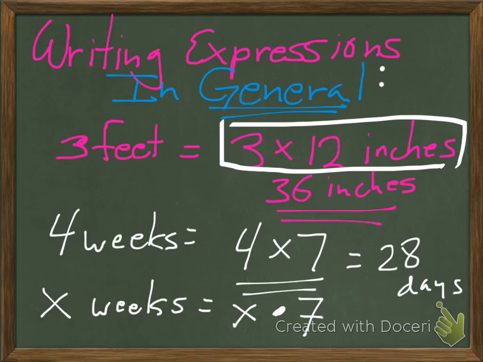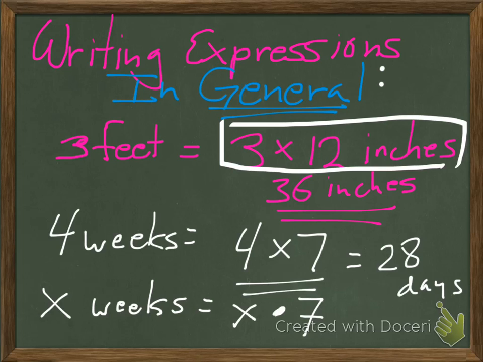So when we write expressions, sometimes we're going to be writing expressions with known quantities. How many days there are in a week. Okay? How many inches there are in a foot. Sometimes we're going to be writing expressions with variables. So yes, we know that there are 12 inches in a foot, but if I give you m feet, well, we could take m times 12, and we would have m times 12 inches in those feet.